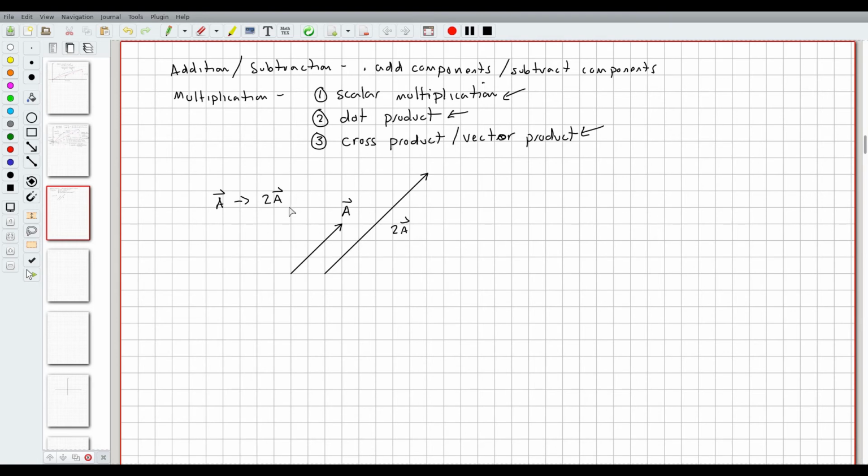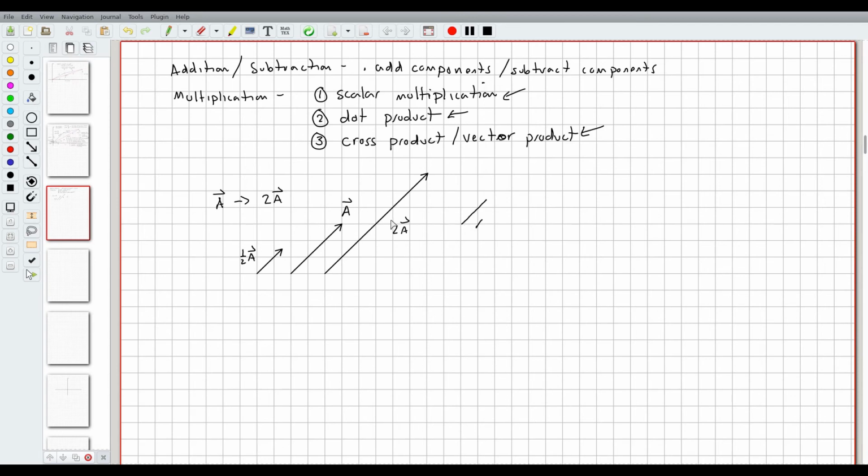So the way to interpret multiplying things by a scalar is that it causes the vector to either get longer or to get shorter depending upon how big the scalar is. For example, if this right here was A and this is 2A, this would be about 1/2 A. Now, that's positive numbers.